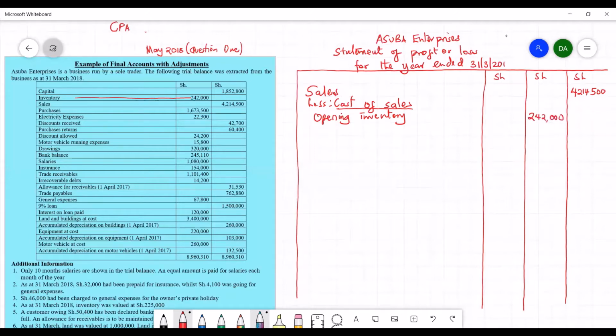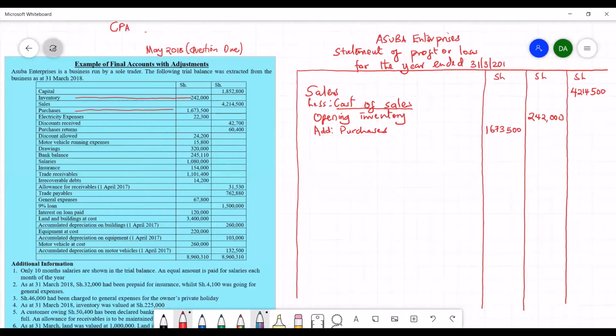And then after the opening inventory, we add purchases. And the purchases we're going to adjust. So we write the purchases in the first column, then we make adjustments to the purchases. Purchases equal 1,673,500.